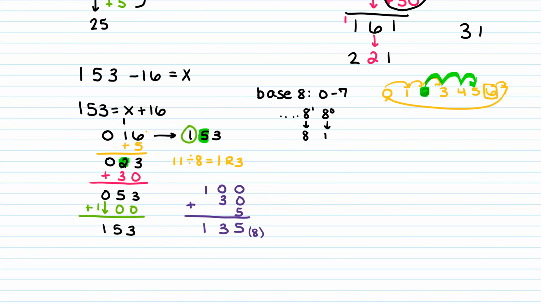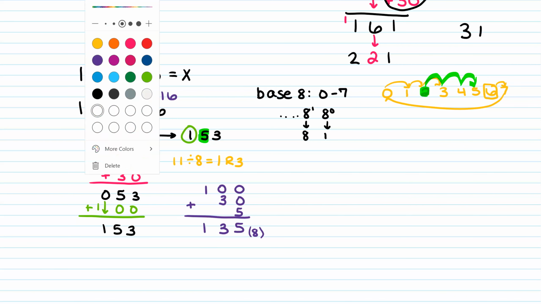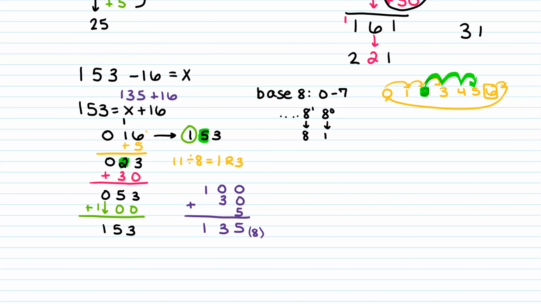So we think, right, that 135 plus 16 should make 153. So let's just try it again. Subtraction is kind of difficult just in general, so it's better to relate it to addition. So I want to do 135 plus 16.